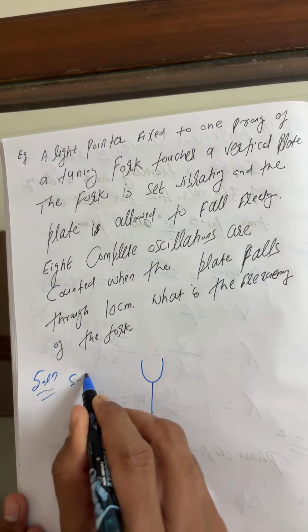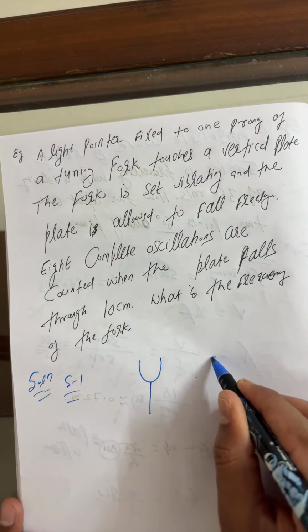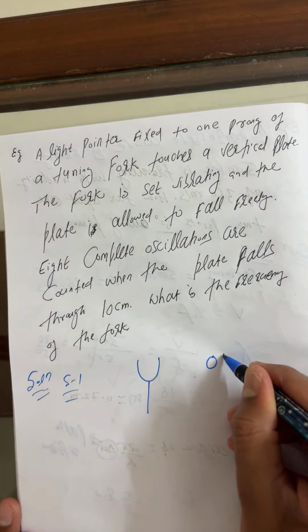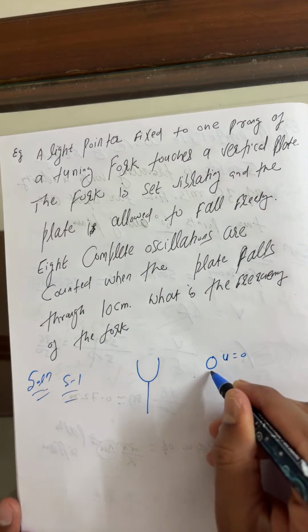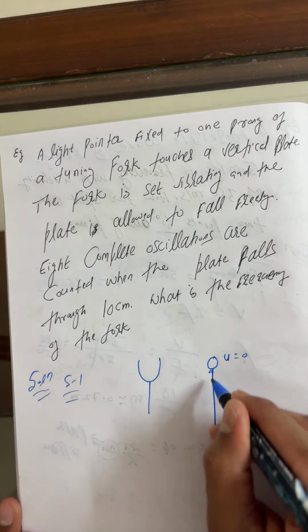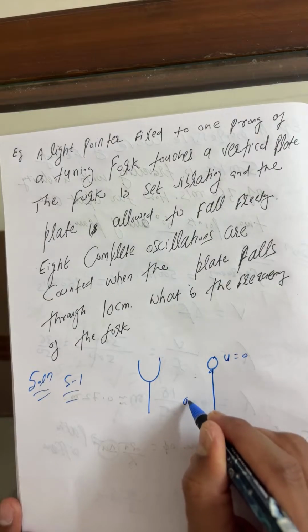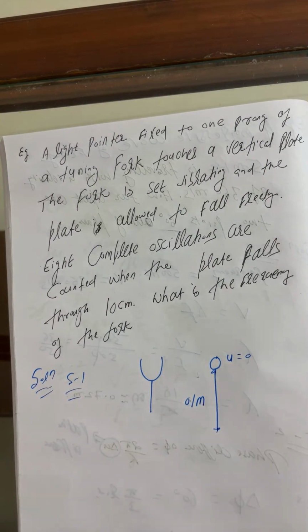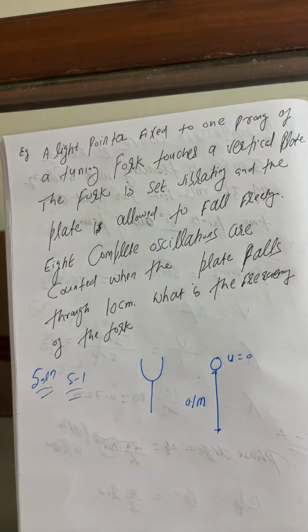In step 1, think of the plate falling from here, a free fall. The initial velocity is 0. The plate hits over here. How much distance is traveled? It is 0.1 meter.